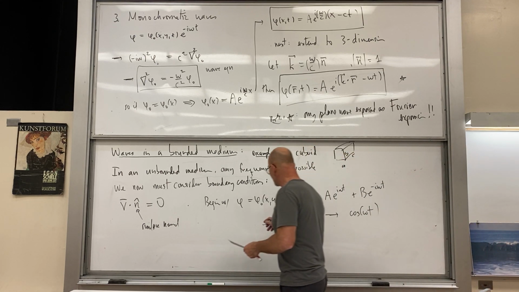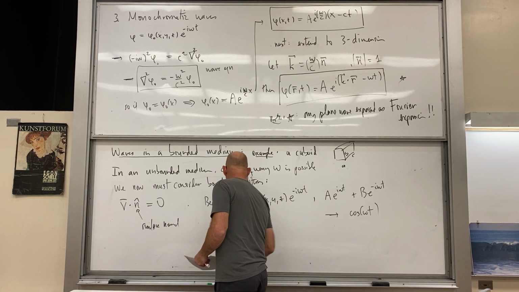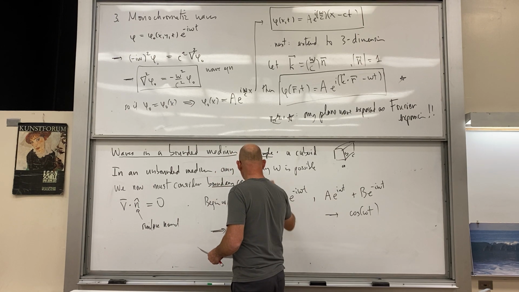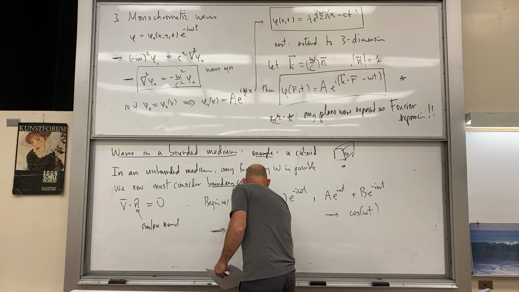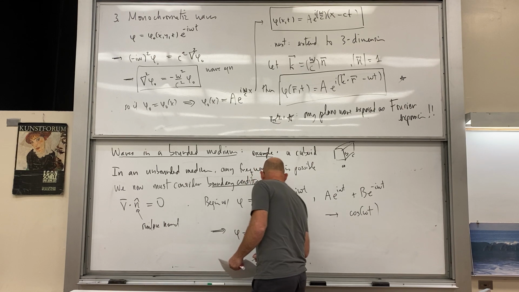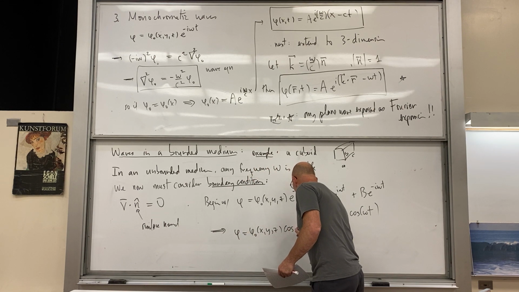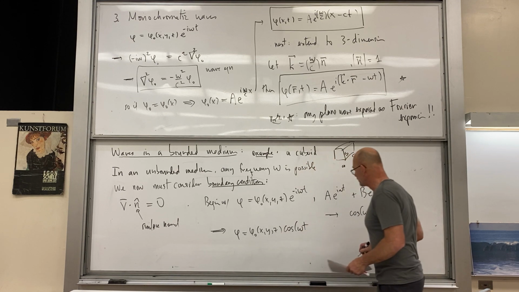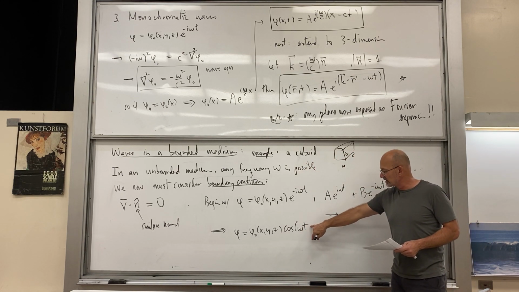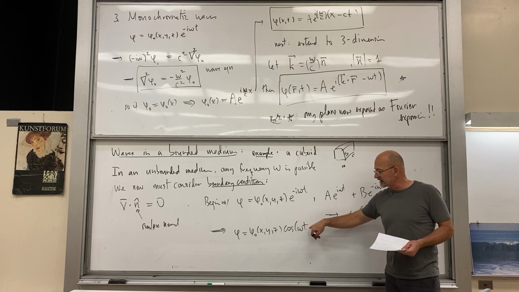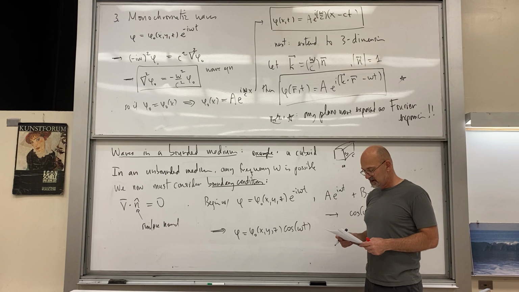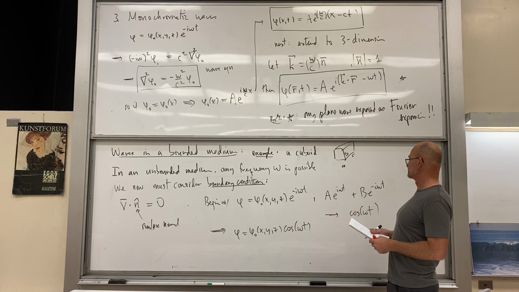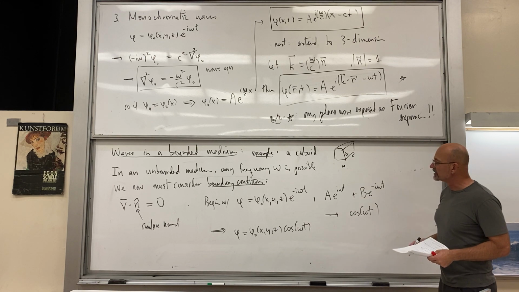So then we go ahead and say, good, let phi equal phi0 of x, y, and z times a cosine of omega t. Or we could have sine of omega t, and we can of course add a phase to go between the one and the other. So we'll just say cosine omega t, because that's going to be the quickest way to our solution.